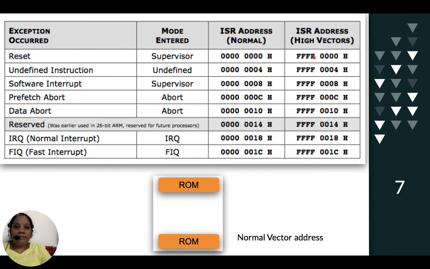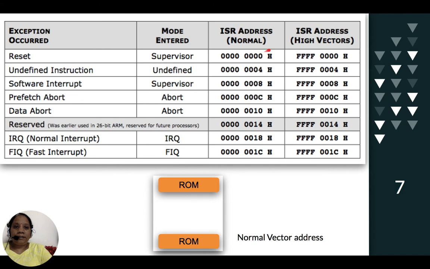In some processors, you can allocate ROM to the lower order addresses, which means you'll be using the normal vector address. And in some ARM processors, depending on the application, you can also use the higher order addresses of the memory as ROM. In that case, your vector addresses will start with FFFF. So that is the reason why your ARM processor has two vector addresses.